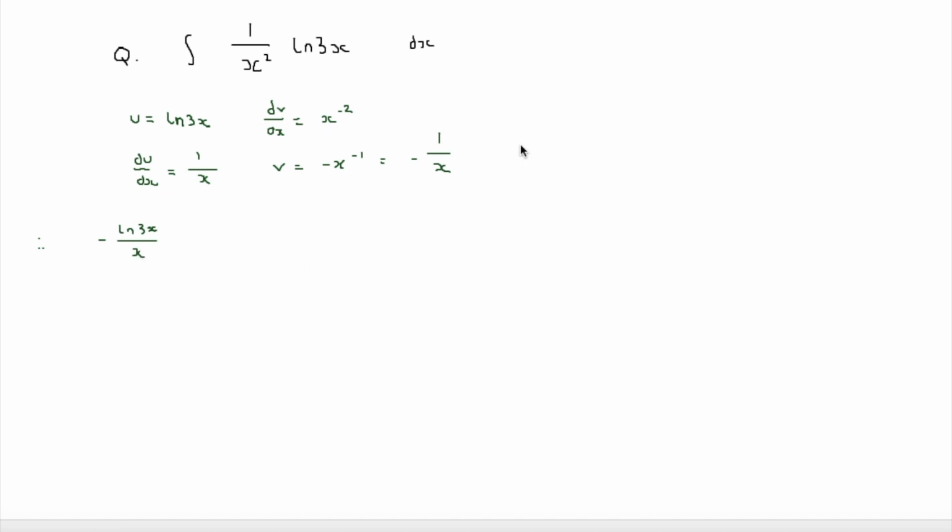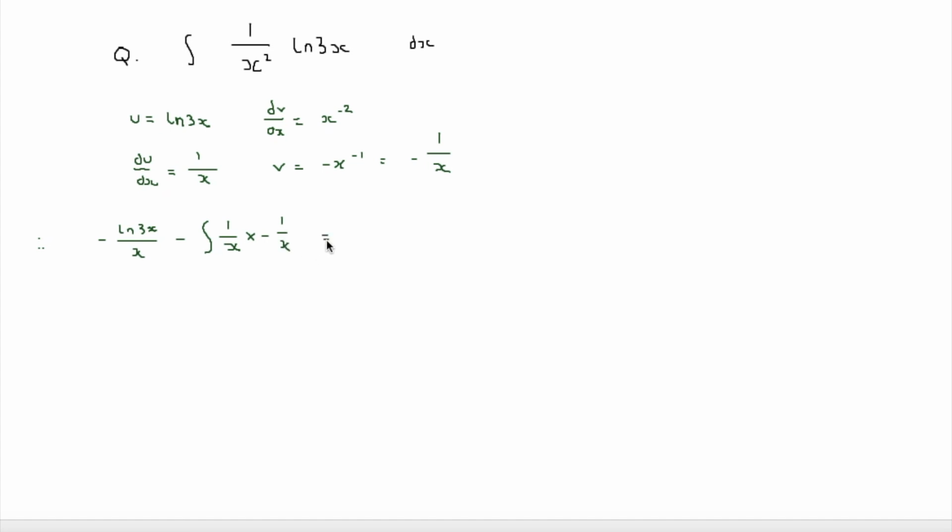That's because we have the minus 1 over x times by ln 3x. The ln 3x is just going to go to the numerator times by that 1, and that's what we're left with. Then we're going to have minus the integral of these two times together, 1 over x times by minus 1 over x.